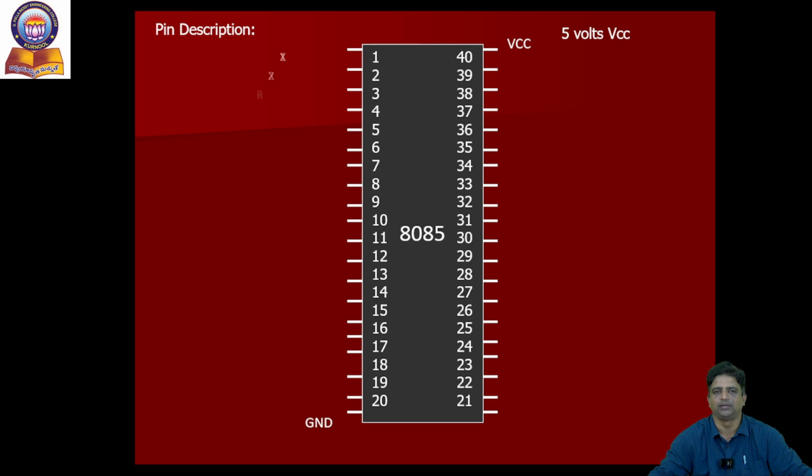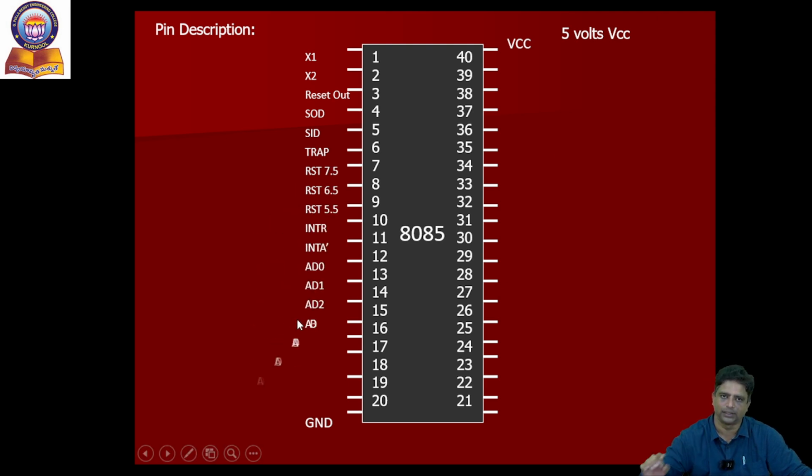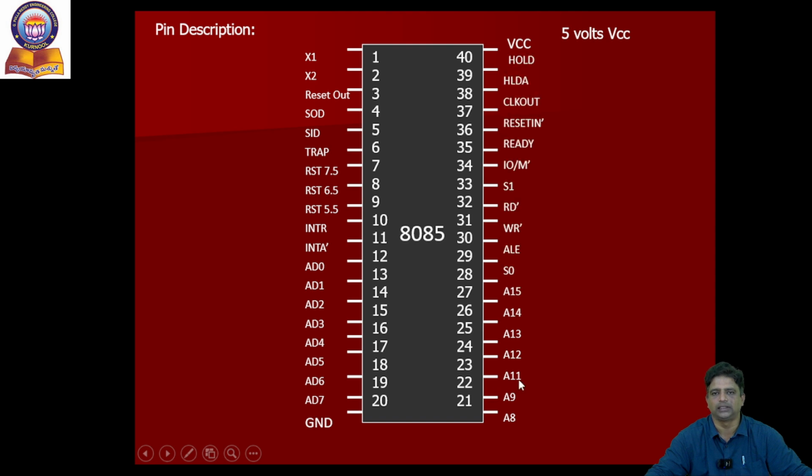If we have a look over the left side of this pin diagram, we can see all those lines in the architecture that were mapped outside as the pins here. In continuation with the data lines, along with the complete data lines from D0 to D7, we still require some representation for address lines. The answer is given here.